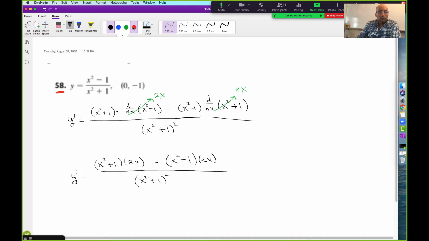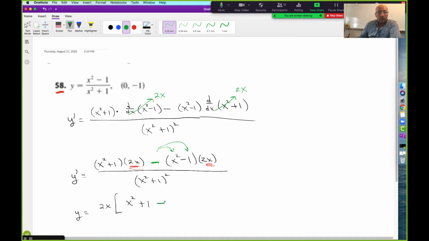Just to simplify things a little bit, I'm going to factor out the 2x, since that's easy to factor out from the numerator. And then some stuff will reduce from there. So I'll end up with y prime is equal to 2x, giant bracket, and we'll end up with an x squared plus 1 minus, now be careful that this subtraction applies to both of these terms, so I need to distribute it there and distribute it there.